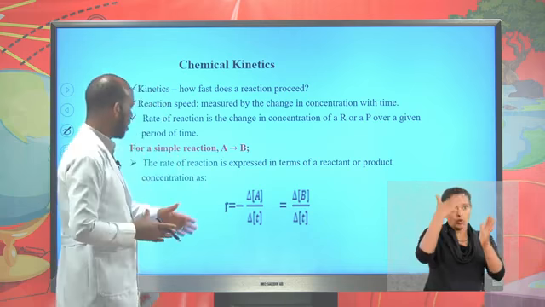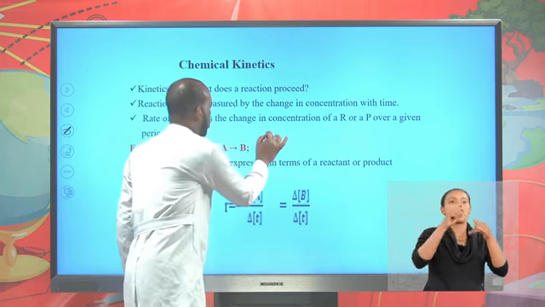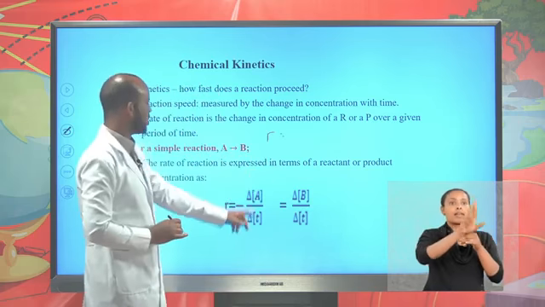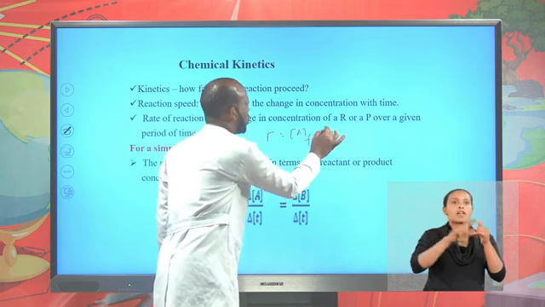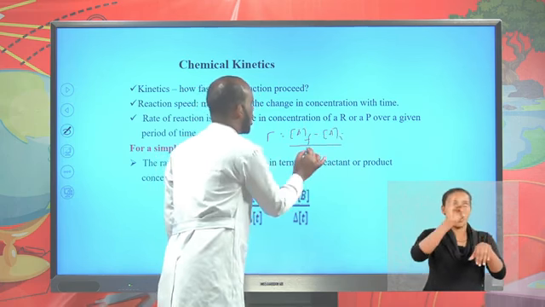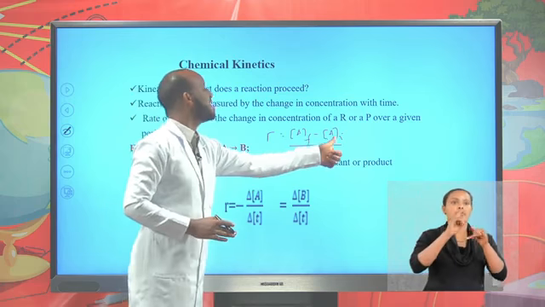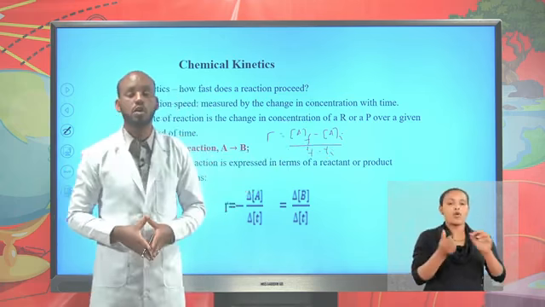Because change in concentration of A is final minus initial. Rate equals change in concentration of A, which is final concentration of A minus initial concentration of A, divided by change in time, which is t final minus t initial. You see, the final concentration is less than the initial concentration because reactants are converted into products.